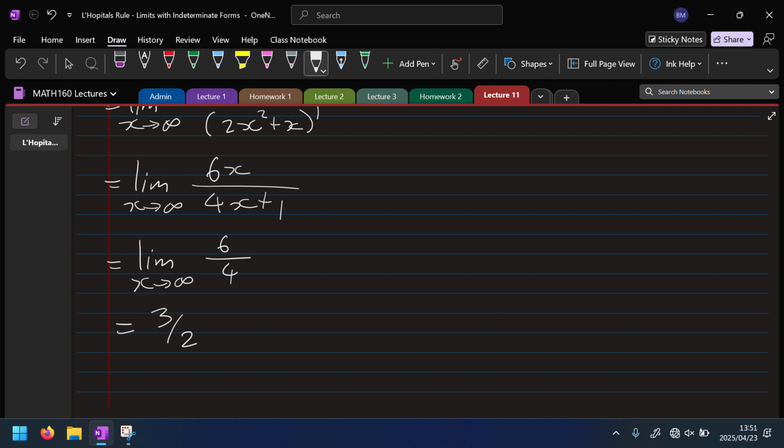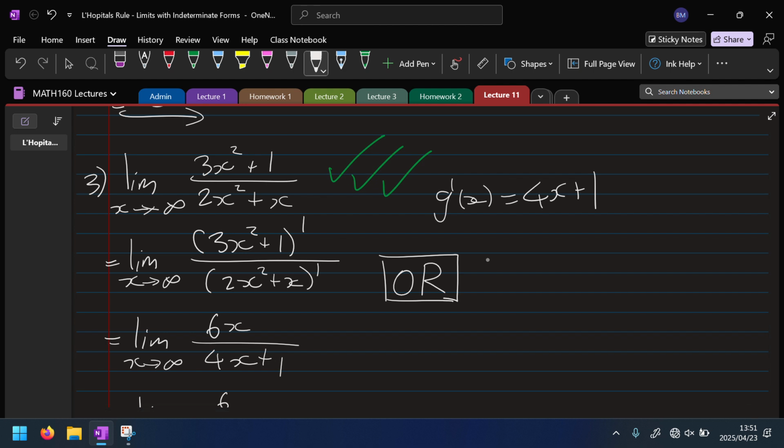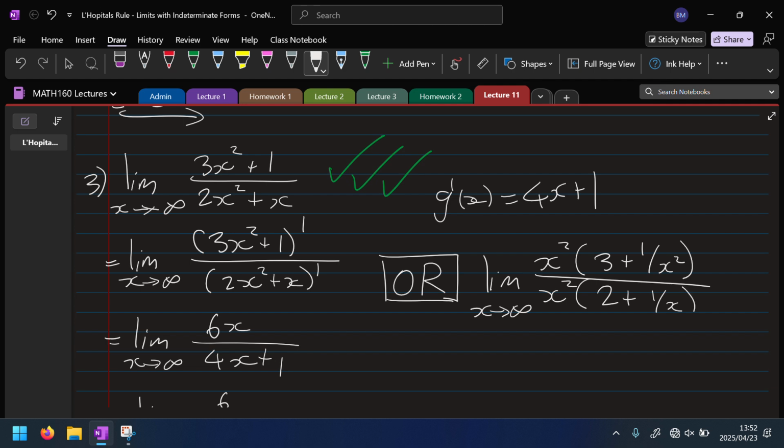Now, we've done this one before. We can actually do this a different way. So we can write this as the limit as x goes to infinity. At the top and the bottom, we can factor out an x squared. That was before, when we had these limits. x squared at the top, x squared at the bottom, they can go.